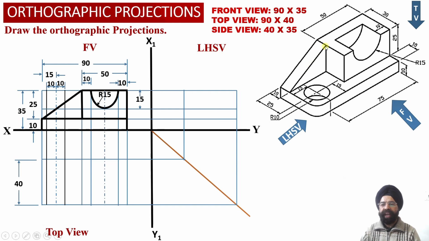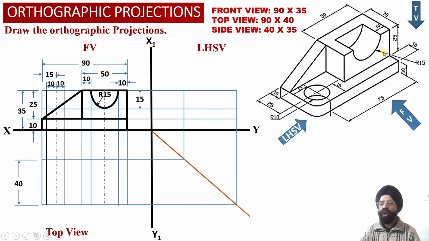Similarly, corresponding to this front face of the triangular vertical web, which is resting towards the rear side of the solid over here, since this triangular surface happens to be parallel to the vertical plane, into the front view projections we will be able to obtain the true shape triangular projection over here. Next we have got this surface over here, this vertical surface corresponding to this rectangular block which is resting on top of the horizontal web over here.